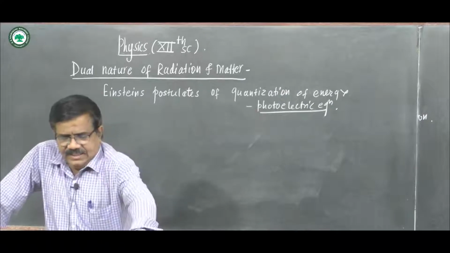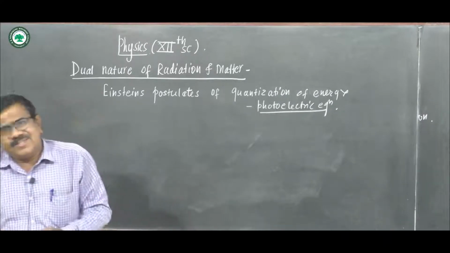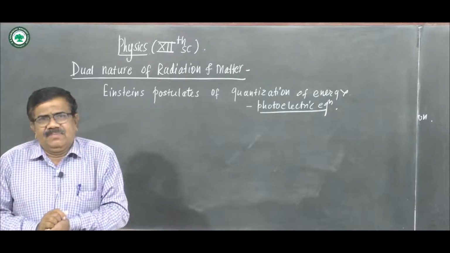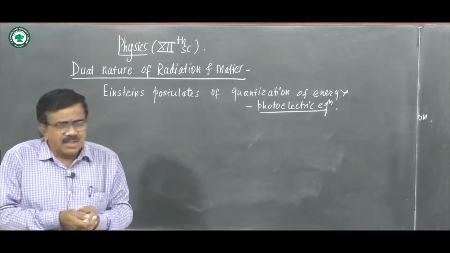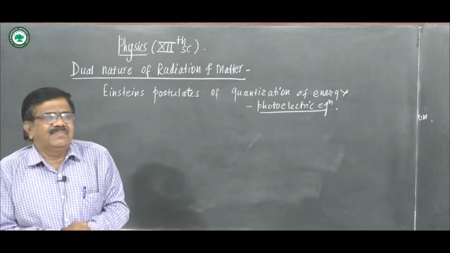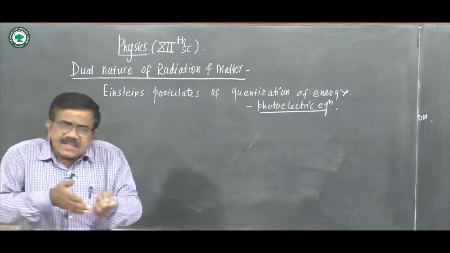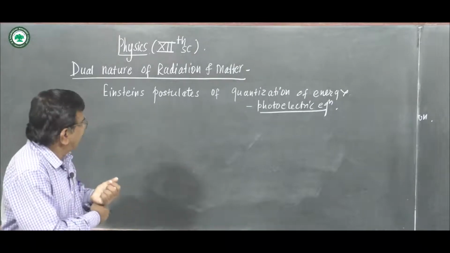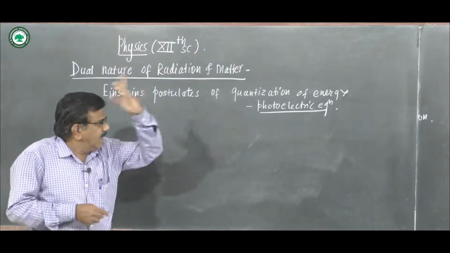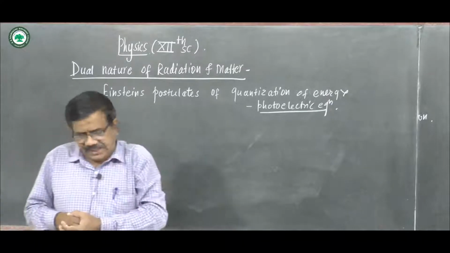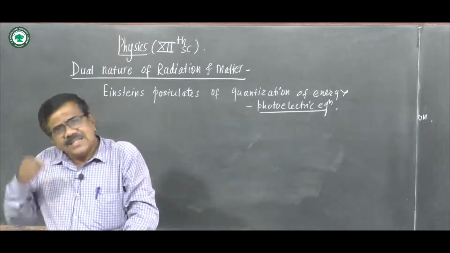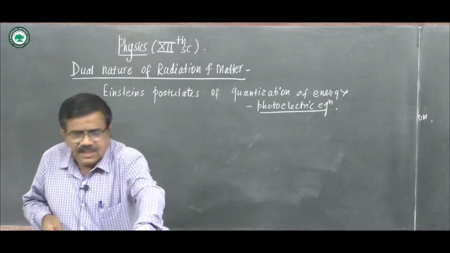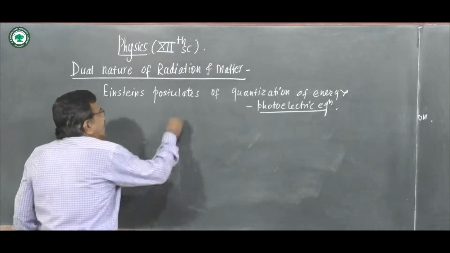Now Planck's theory of black body radiation was extended by Einstein. Black body radiation theory was proposed by the scientist Planck. That theory was extended by the scientist Einstein, and he explained the different phenomena related to the photoelectric effect. Einstein proposed that under certain conditions, light behaves as if it is a particle.